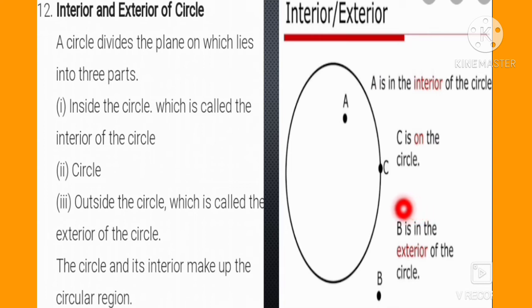The circle and its interior make up the circular region. For example, here some points are given, and here A is in the interior of the circle, C is on the circle, and B is in the exterior of the circle. It is outside of the circle.